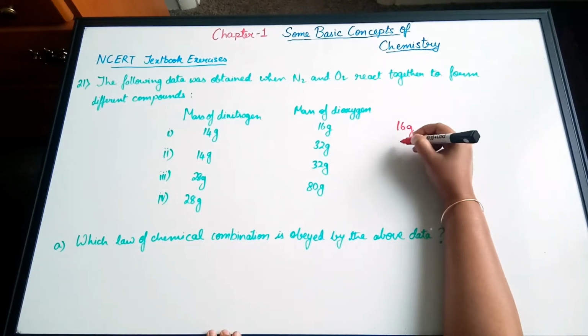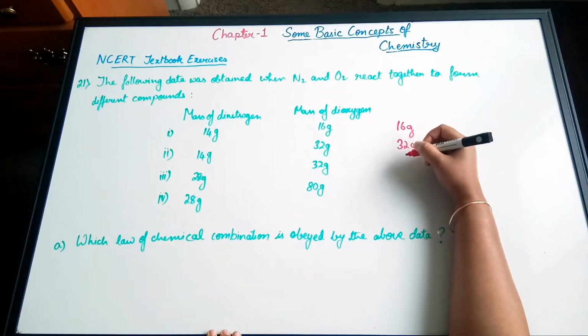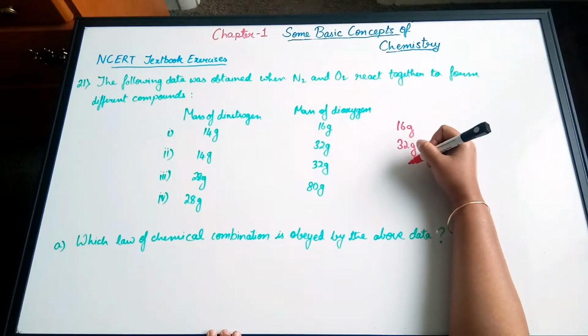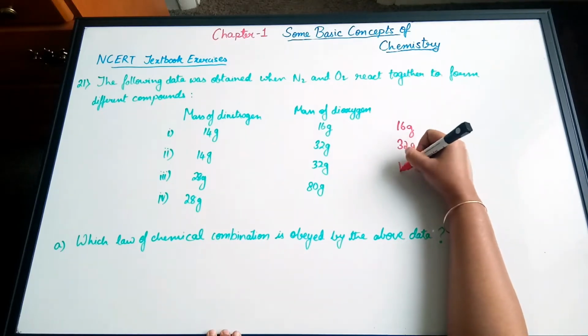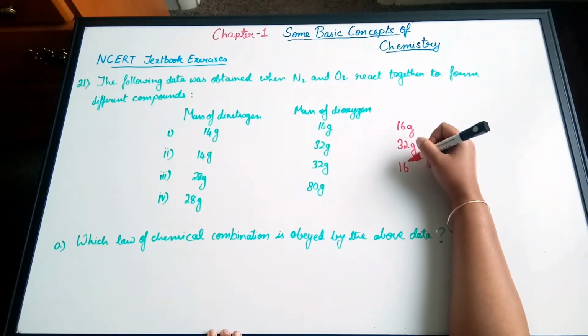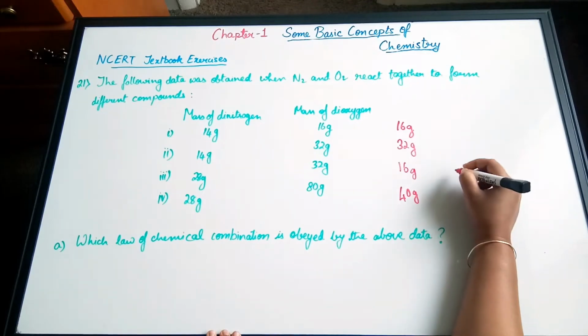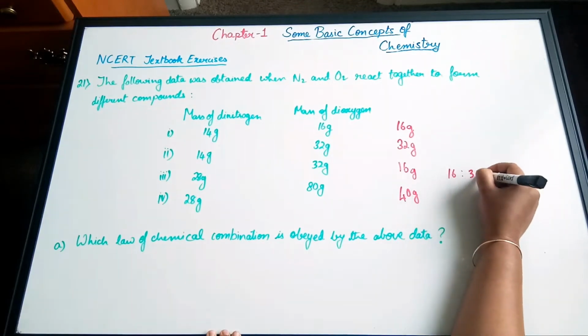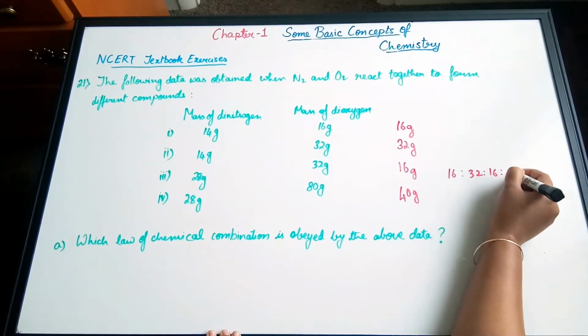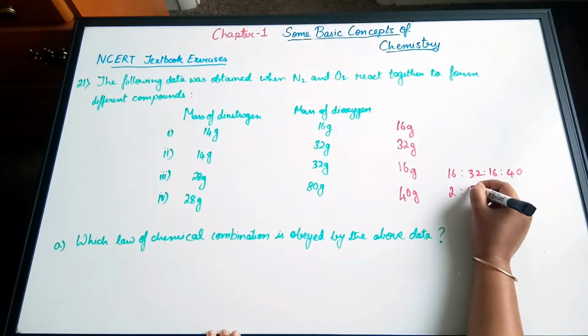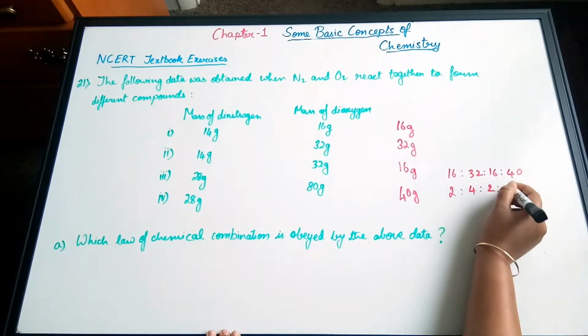Next, 32 grams, because 28 divided by 2 is 14, so 32 divided by 2 becomes 16 grams, and then 80 also gets divided by 2, that becomes 40 grams. If I take a ratio of all of these, 16 is to 32 is to 16 is to 40, this is equal to 2 is to 4 is to 2 is to 5.